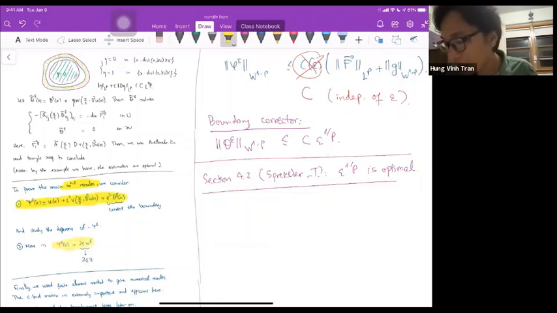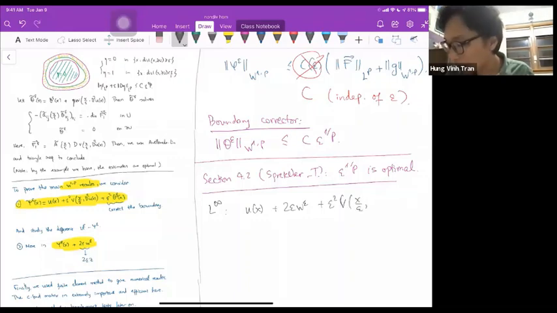In other words, to do W1P, earlier for L infinity, what we needed to do was just take U epsilon minus or plus 2 epsilon W epsilon plus epsilon square of V of X over epsilon D square of U epsilon. That's for L infinity. For W1P, we really need to also take this boundary corrector into account.